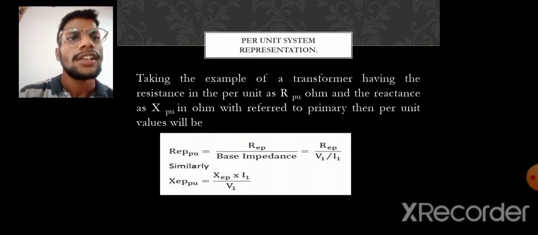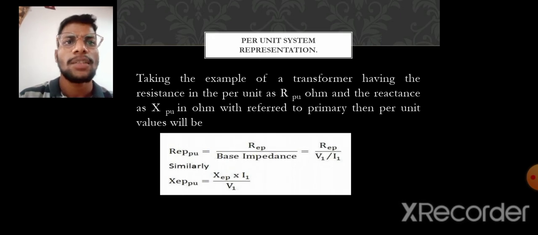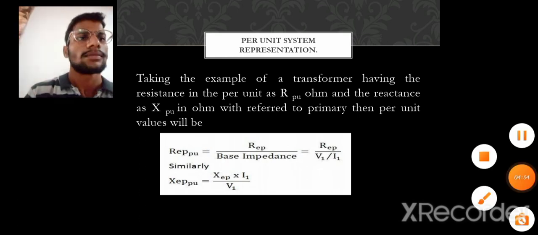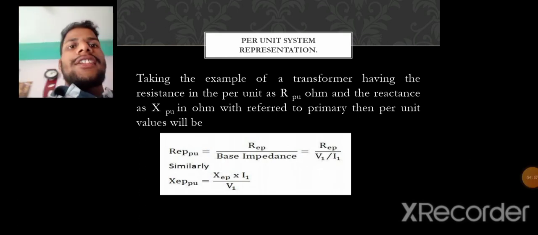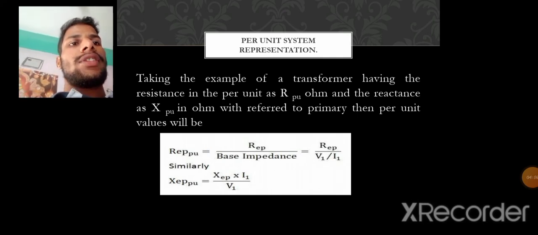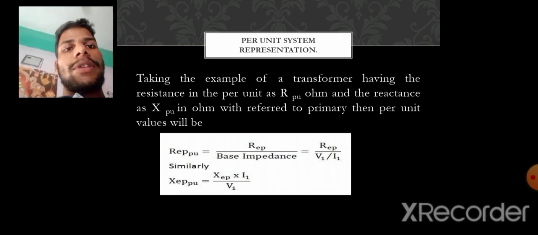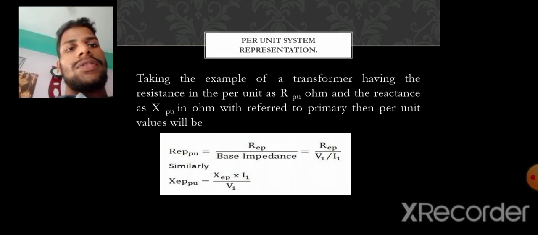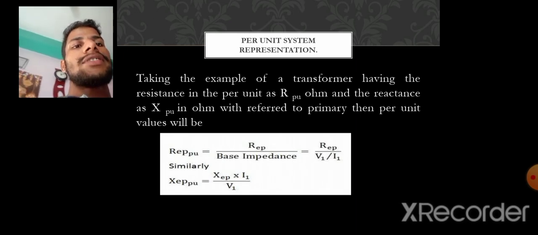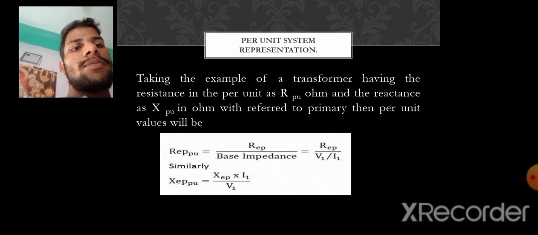And taking the example of a transformer having resistance in ohms and reactance in ohms, referred to the primary, the per unit values will be: per unit equivalent resistance is equal to equivalent resistance by base impedance, which is equal to equivalent resistance by primary voltage by primary current.